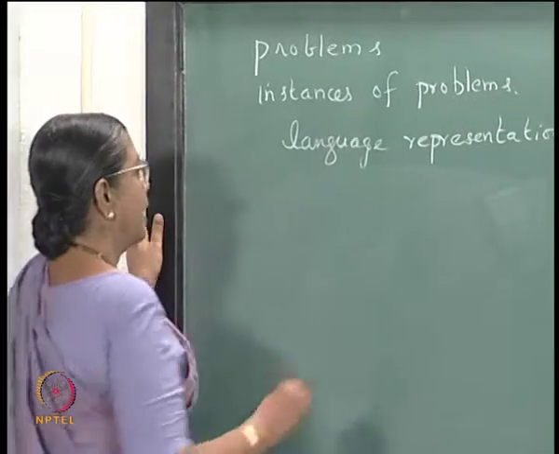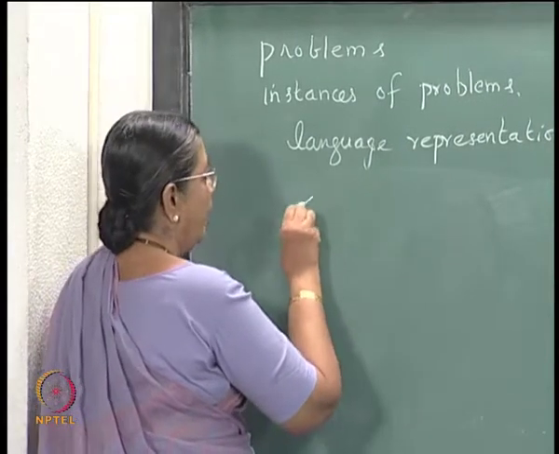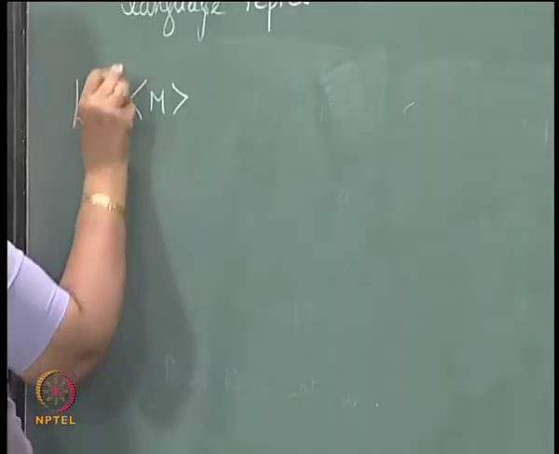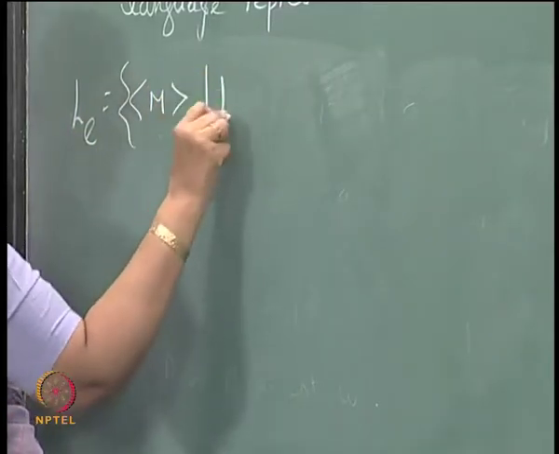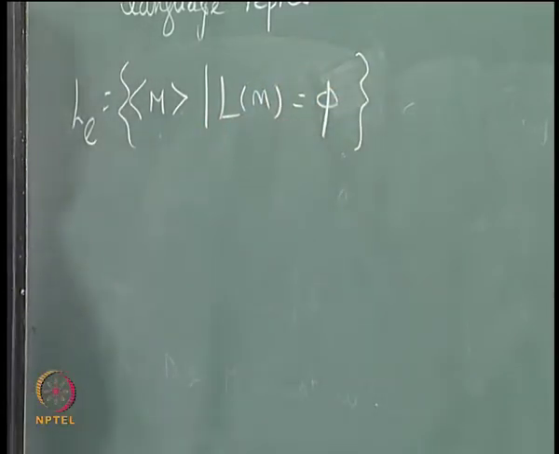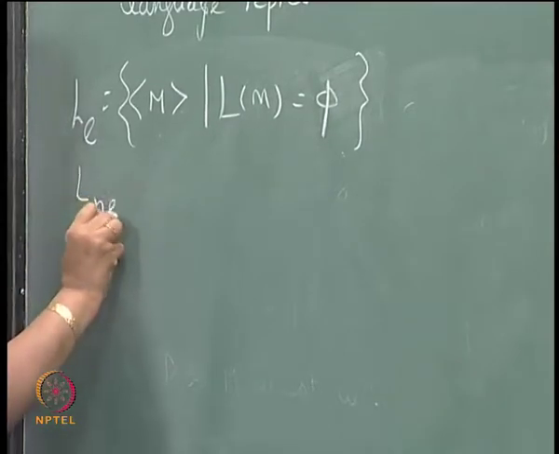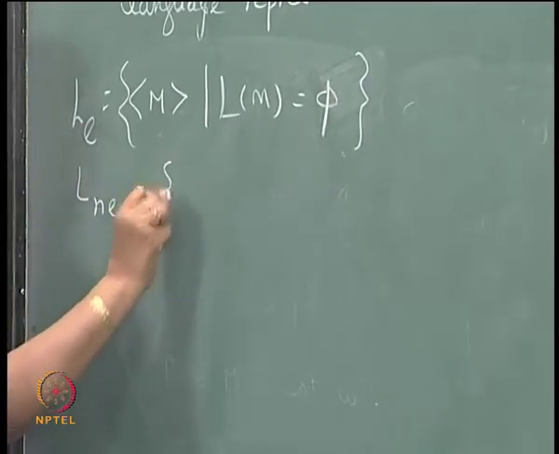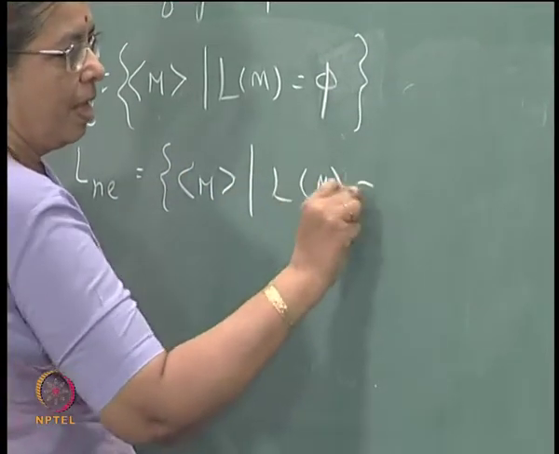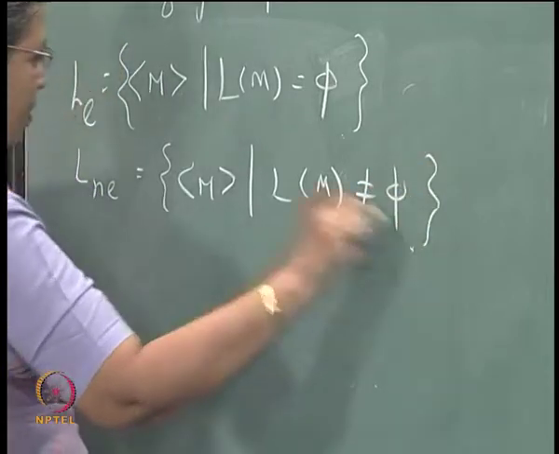Certain things like, given M, an encoding of the Turing machine: LE is M such that L of M is equal to the empty set. Does the language generate the empty set? L non-empty is M such that L of M is not equal to the empty set.